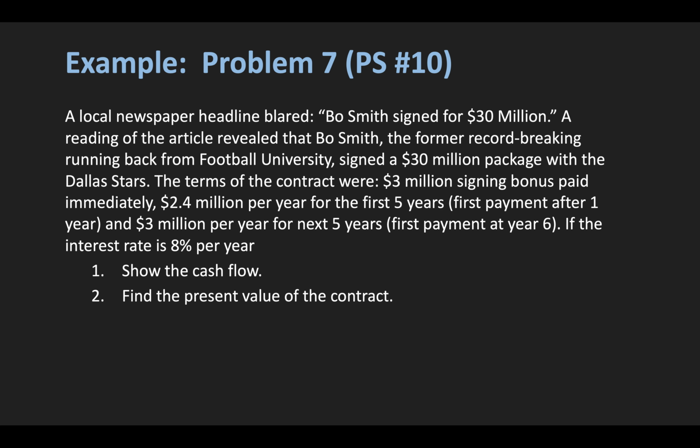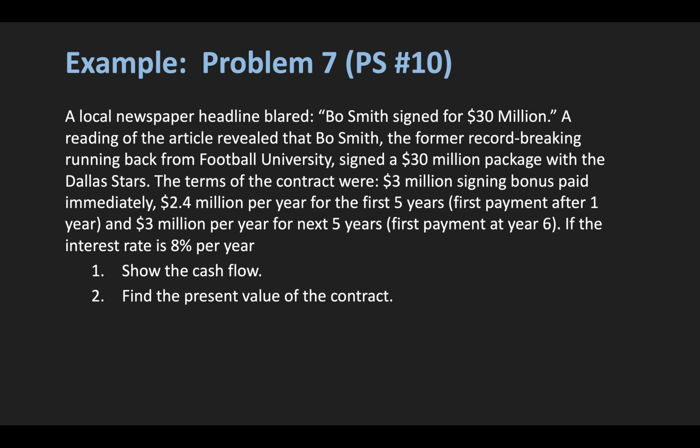A reading of the article revealed that Bo Smith, the former record-breaking running back from Football University, signed a $30 million package with the Dallas Stars. The terms of the contract were a $3 million signing bonus paid immediately. So immediately he gets $3 million, starting at time 0. $2.4 million per year for the first 5 years.